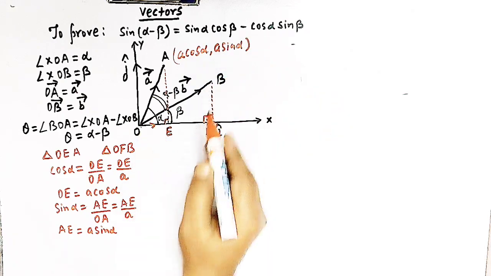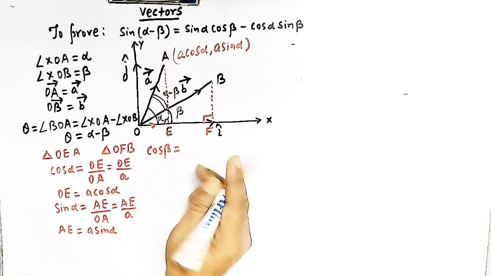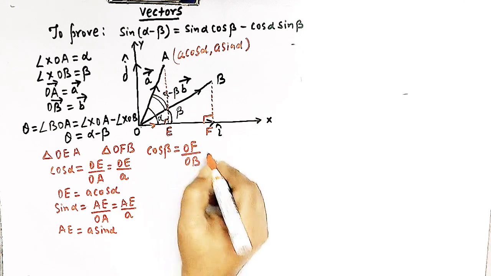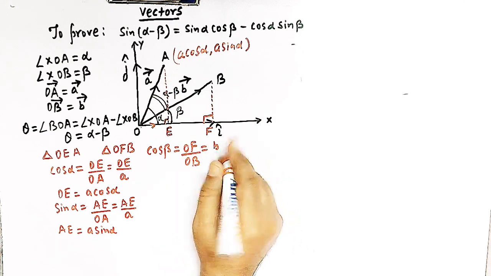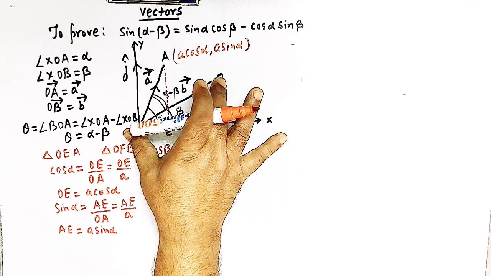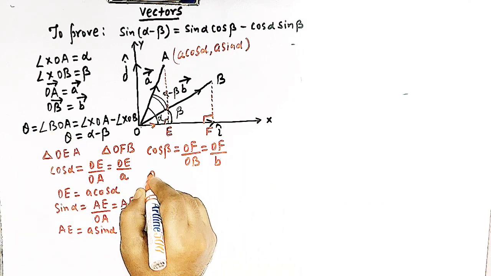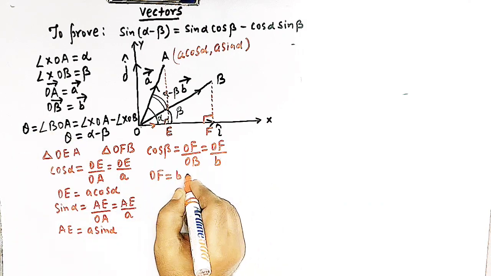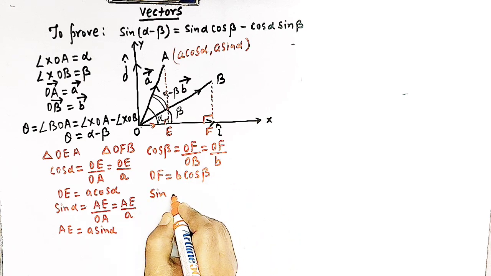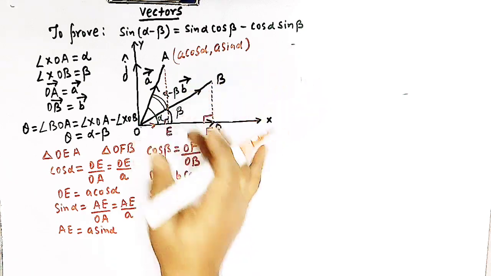And similarly in this triangle we have cosine beta is given by OF over OB, and OB is the magnitude of vector OB, that is simply B. So we have OF is equal to B times cosine beta, and similarly sine beta is given by perpendicular over hypotenuse.